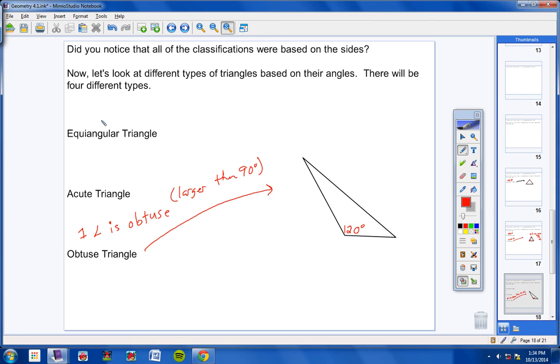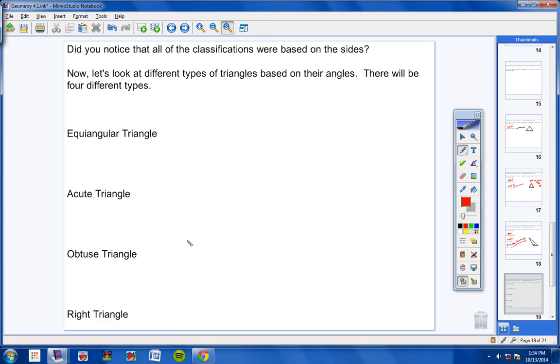So let's review again. Equiangular has 3 congruent angles. An acute triangle has 3 acute angles. An obtuse triangle has 1 obtuse angle. Then lastly, a right triangle has 1 right angle.